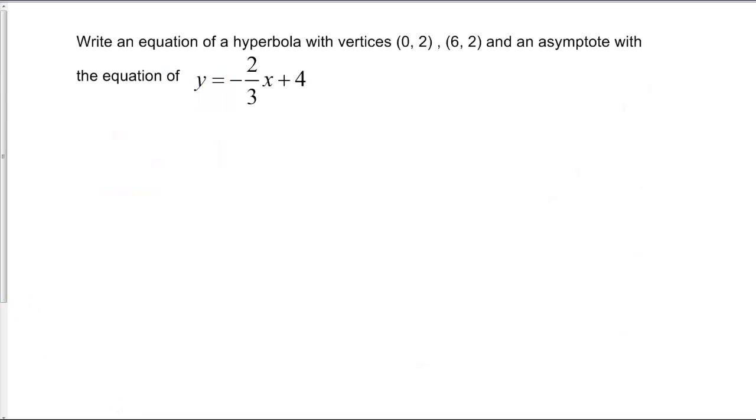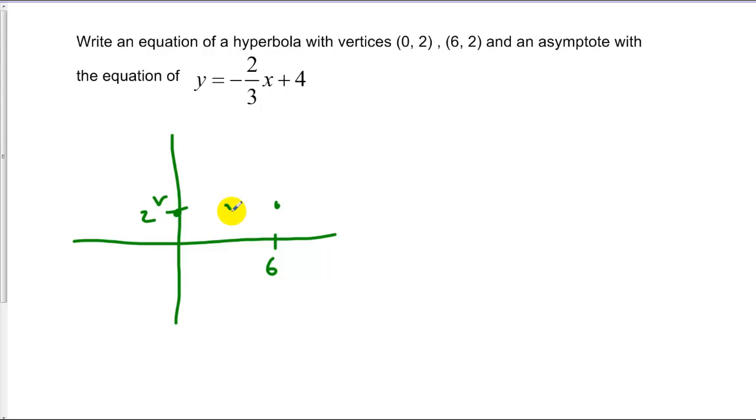So let's write some equations for hyperbolas given information about my asymptotes. I know I have vertices at 0, 2 and 6, 2. So if I want to sketch this out, here's 0, 2 and 6, 2. Once again, these are vertices, so I know my center is dead center between, which is going to put me at 3.